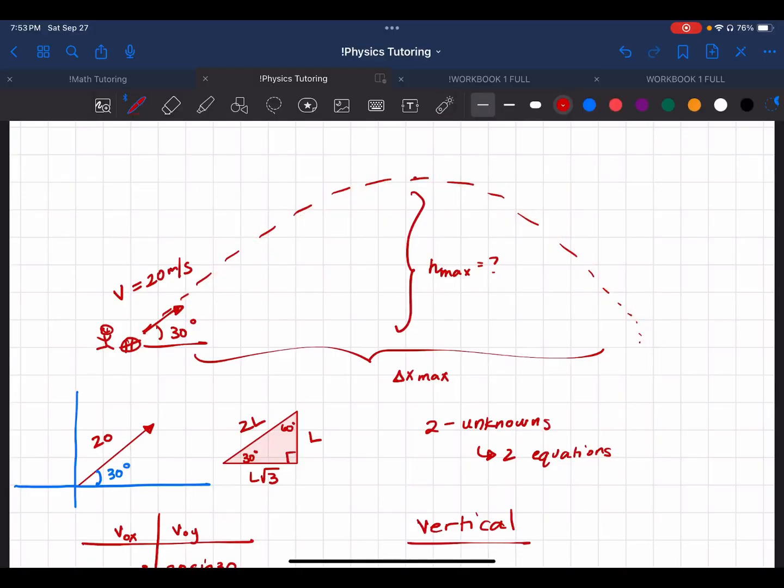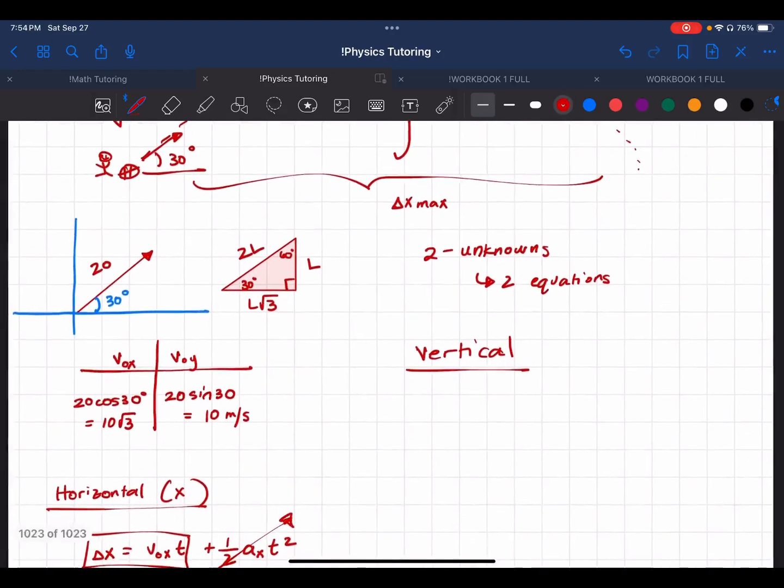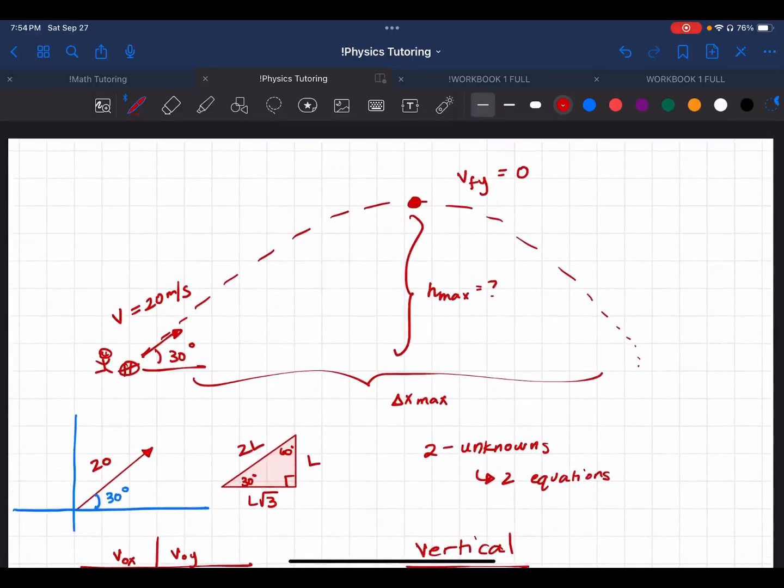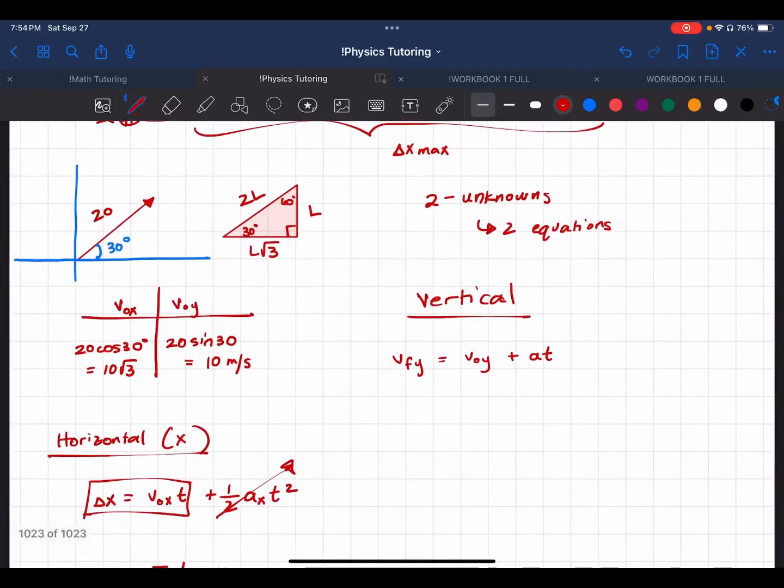I know for a fact that when I reach my maximum height, my final velocity in the y will be 0, right? Because I'm changing directions. And that's my maximum. So when I throw a ball, when it reaches the maximum, it's going to be 0 in the y. So I'm going to use my handy dandy equation, the first one, to solve for time. So then I know that v0y in the beginning is 10.